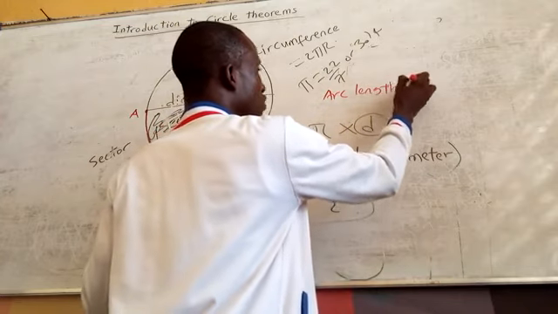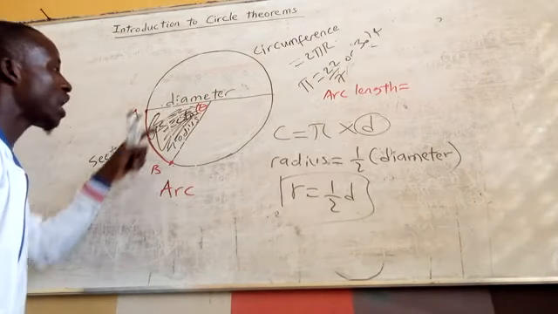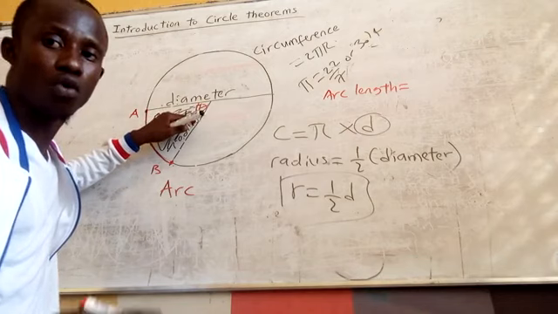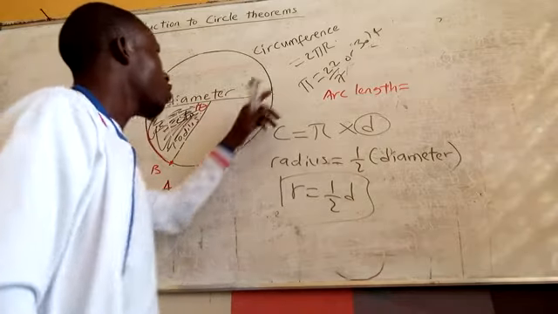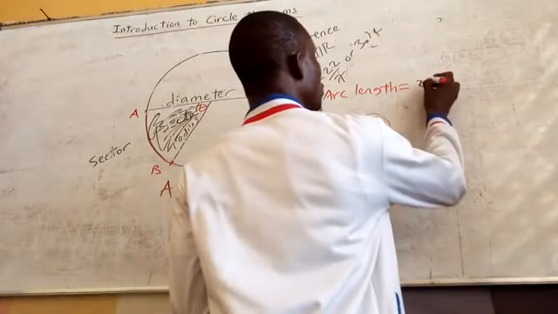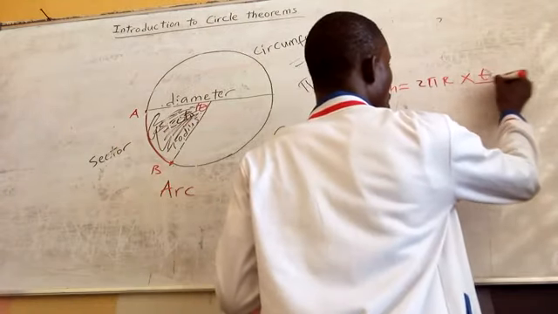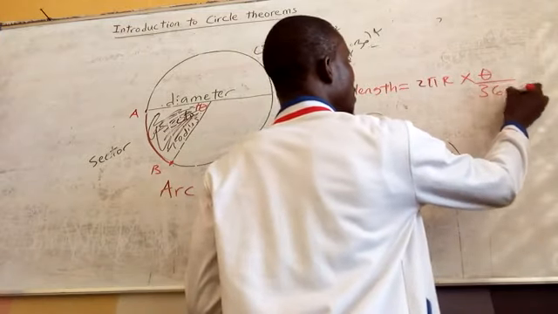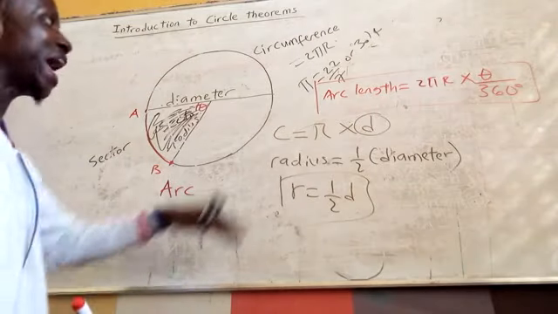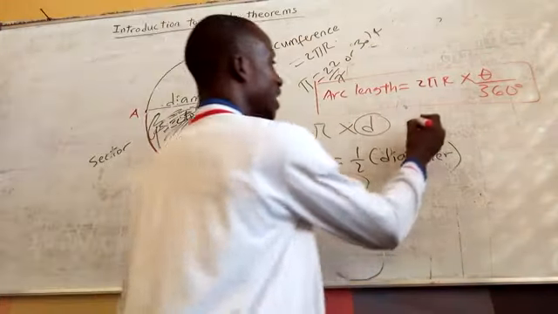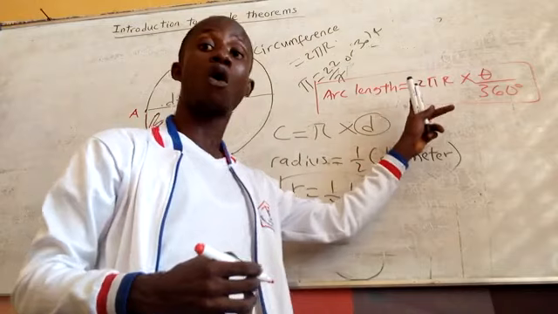The arc length is equal to the circumference of the circle, which is 2 pi r, times the angle theta, all divided by 360 degrees. We can call the angle theta, alpha, beta, or any Greek letter or symbol. So this is how we can calculate the arc length. To write the arc length in a geometric form, we can say arc AB.